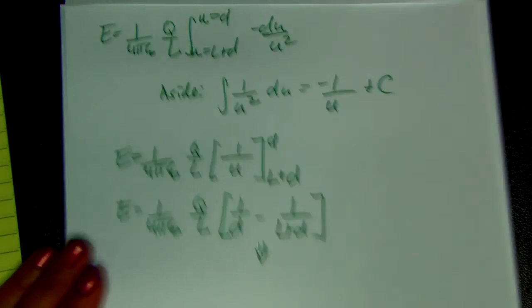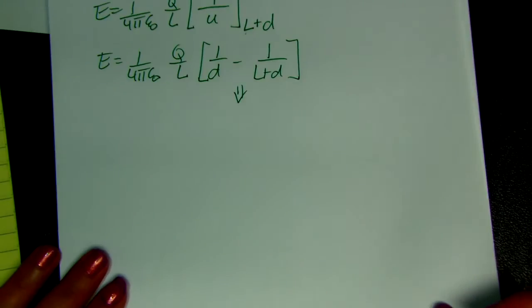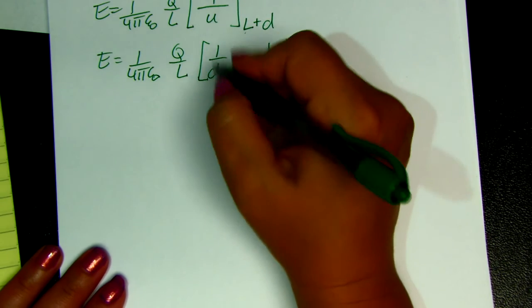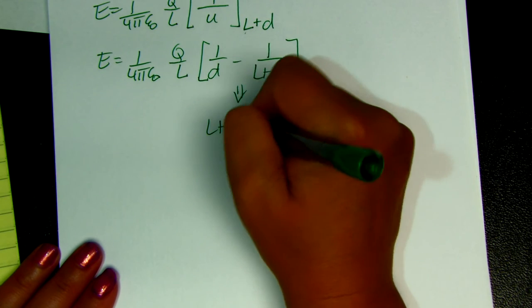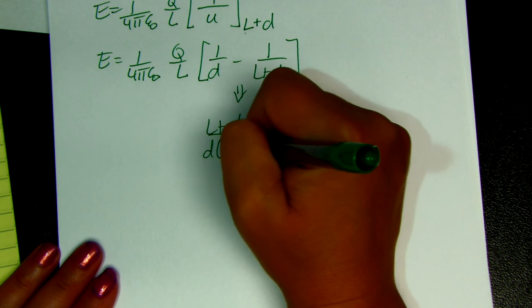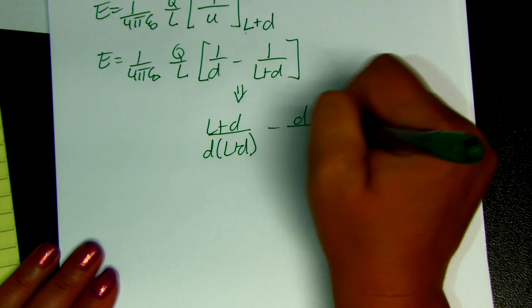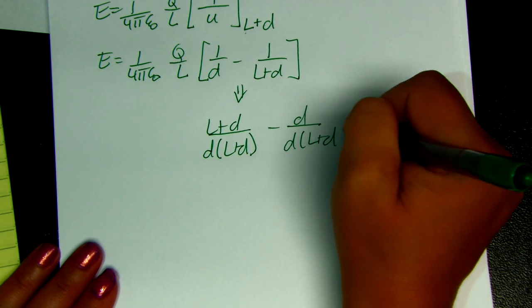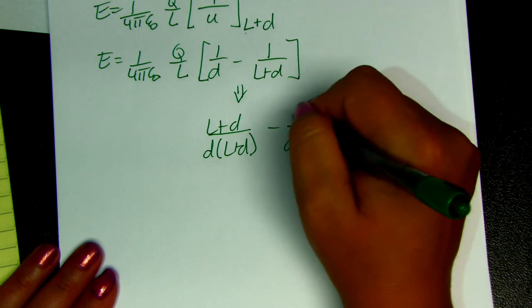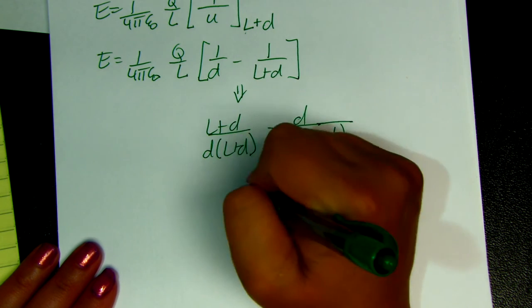Let's look at this. I'm going to multiply in some tricky ones. So we've got L plus D over D(L plus D), minus D over D(L plus D). So a tricky one here and a tricky one right there.